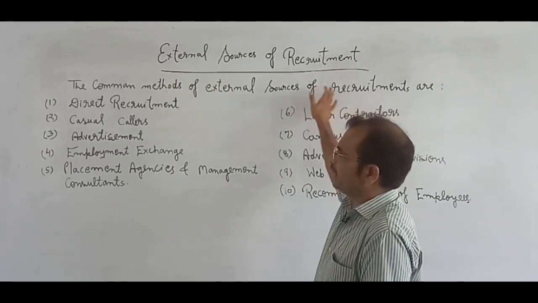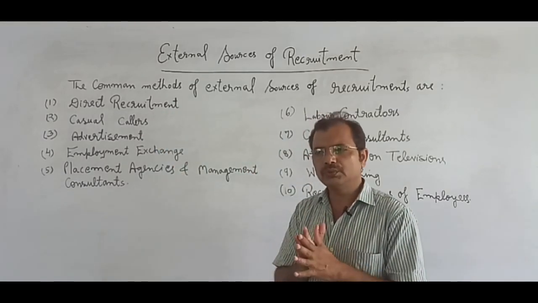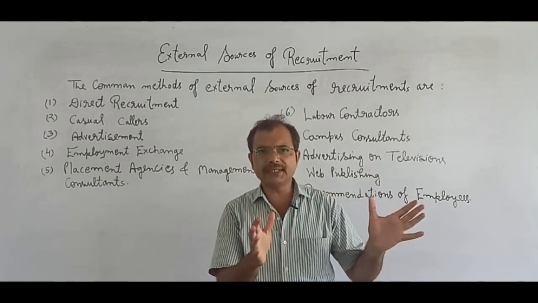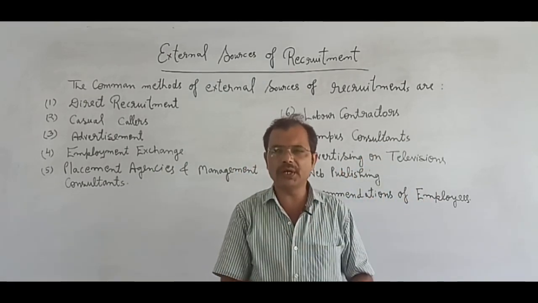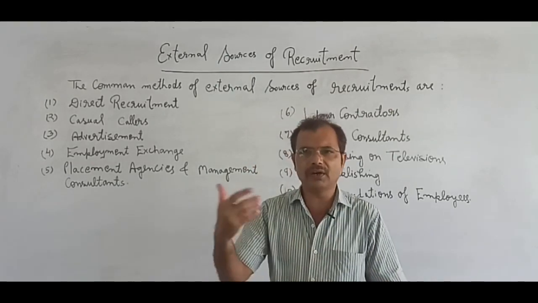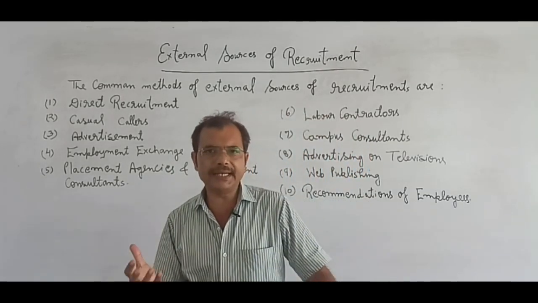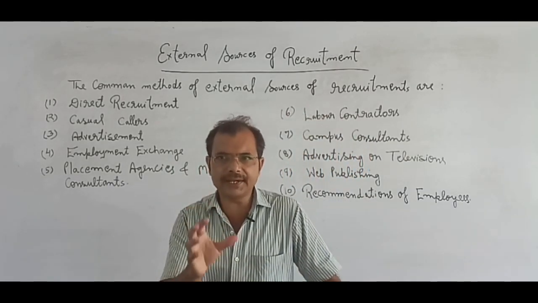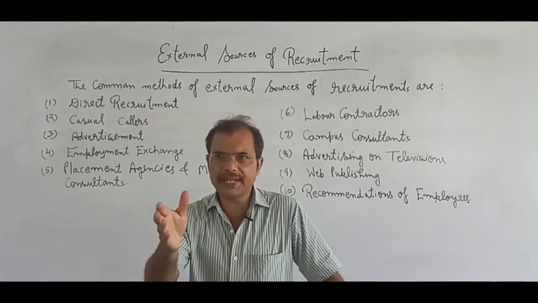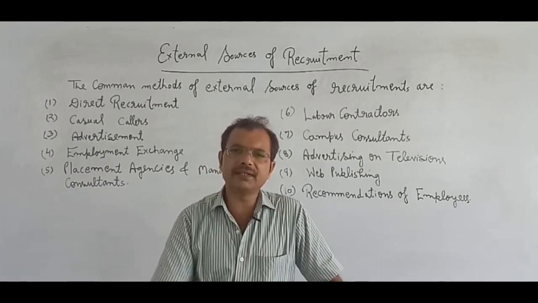The first one is direct recruitment. Students, when any organization puts up information on a signboard, on the notice board of the organization, and the interested candidates see and study it, and if they are fit for any job profile, they can appear in the interview.